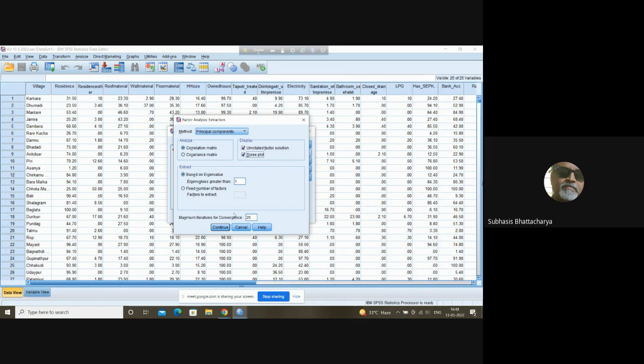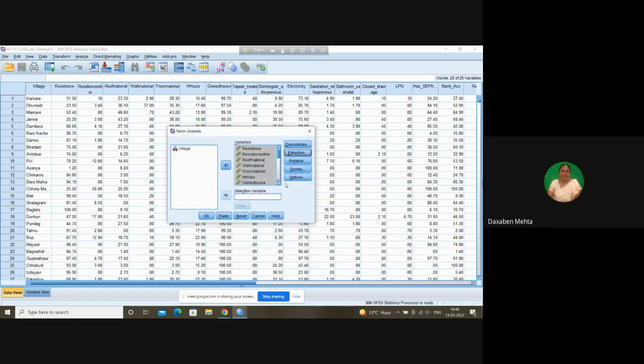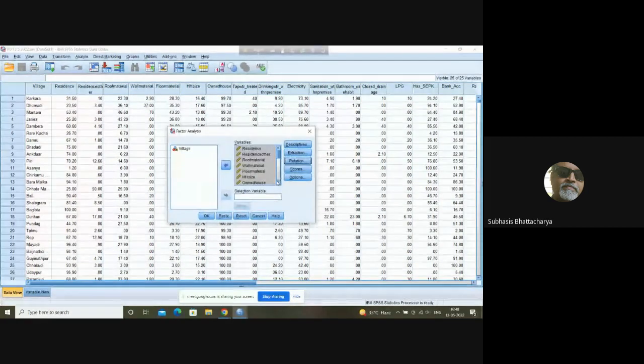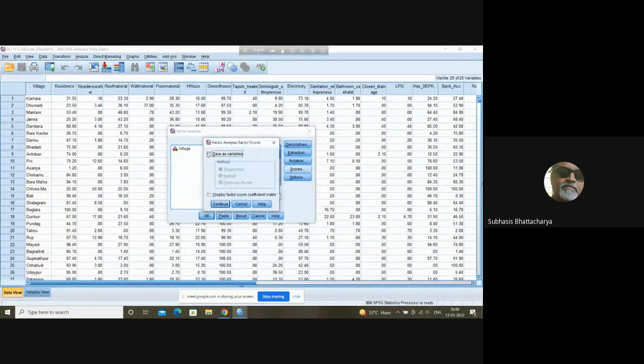Then we consider the rotation, and we follow the Varimax and the rotated solution, and continue. Then we consider the scores, save as variables and display factor score coefficient matrix, and continue.